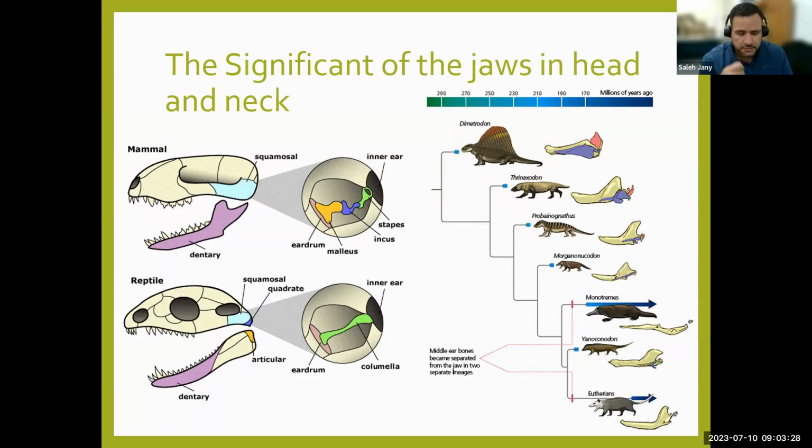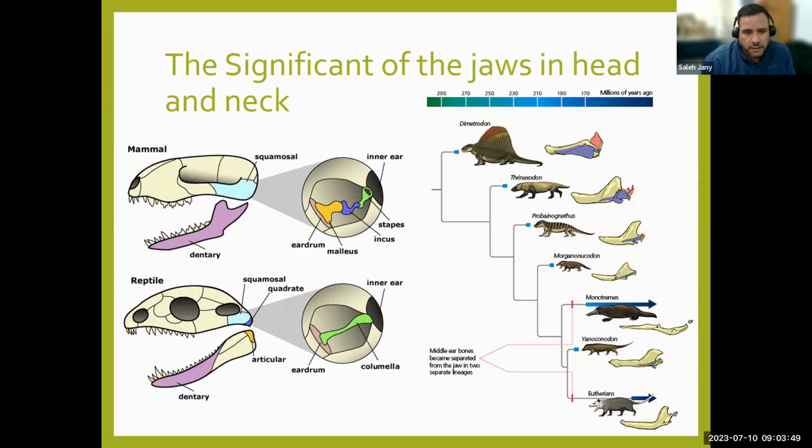And you can see there's a reptile. They have three bones in the mandible, and with evolution from reptile to mammal, some of these bones went back to the ear and became the malleus and incus and part of the inner ear.